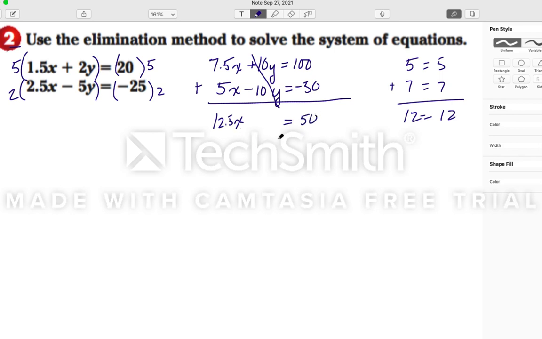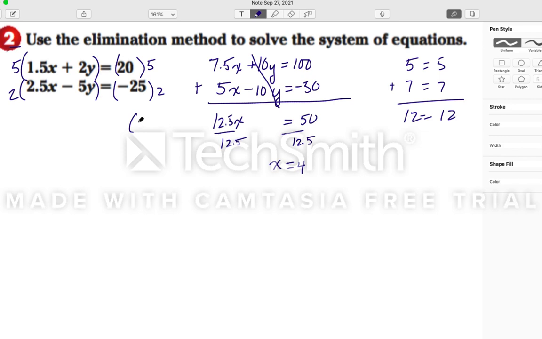Eliminating one variable means I can solve this much more easily. I'm going to divide both sides by 12.5. When I do that, I am left with x equaling 4. So if x equals 4, I'm not done because I still need to get my y term. Remember, the solutions to linear equations are generally going to be a point, so it's an ordered pair.